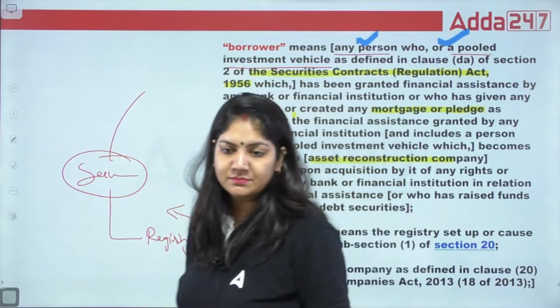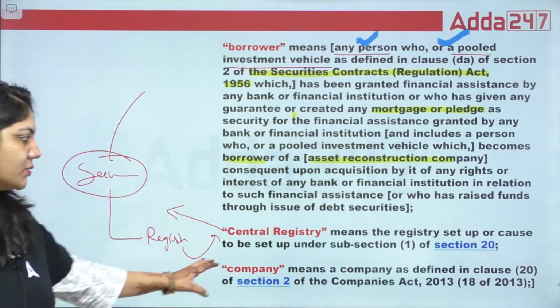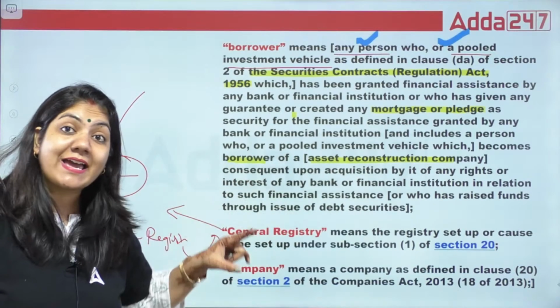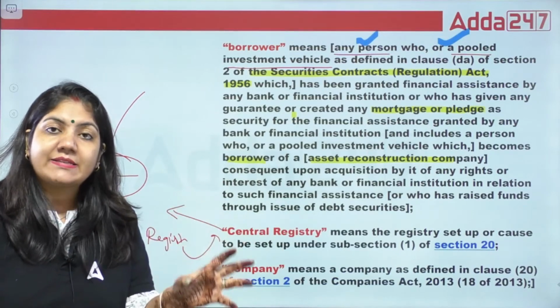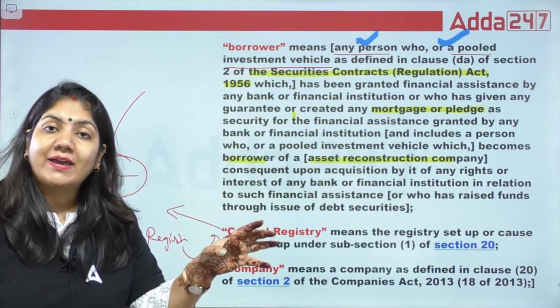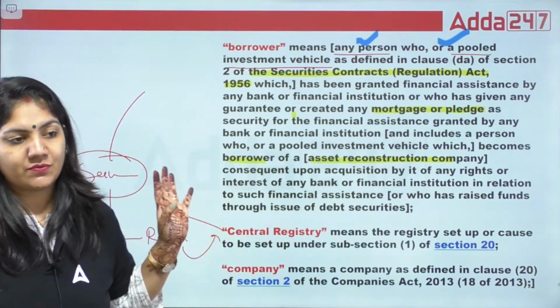That's why under the CAIIB Act, which is a part of your SARFAESI, it is the duty of the bank or any financial institution to get registered the security which is given by the borrower.